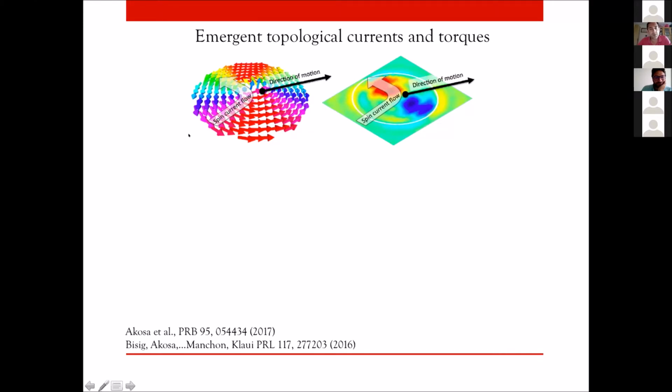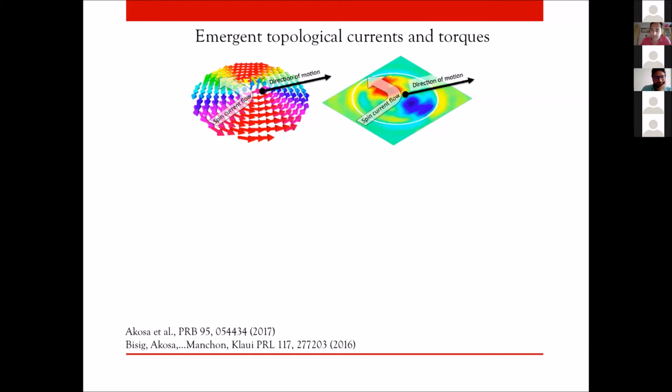We know that when we send a current of electrons through this kind of topological object, the trajectory of the electrons is bent, and they are reoriented and experience a Hall effect, essentially, that is called the topological Hall effect. As a reaction, your skyrmion or your vortex will also be pushed to the side. So essentially the skyrmion Hall effect or the vortex Hall effect is directly related to the topological Hall effect experienced by the electrons flowing in this structure.